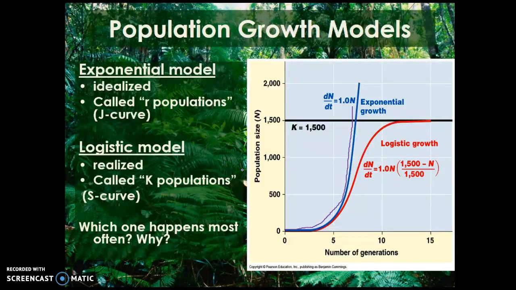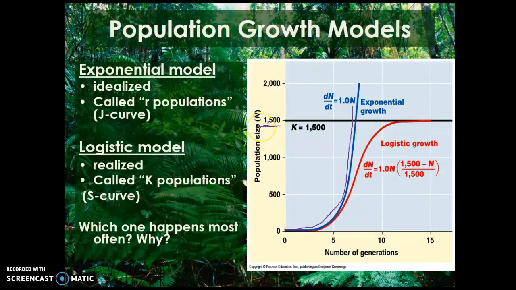And the reason that populations can't exponentially grow forever is because they run into that environmental resistance. They're not going to have enough food for everybody if they keep exponentially growing. Bigger populations are also going to lead to things like more disease. So what happens is we see populations reach a certain number.